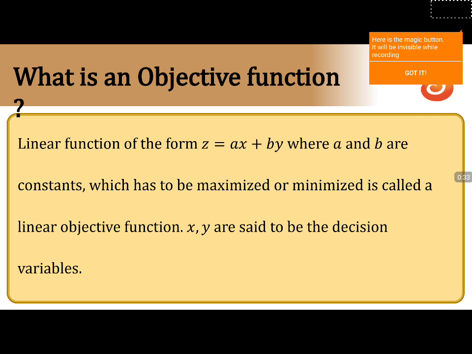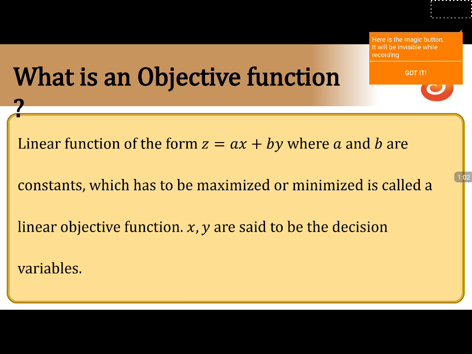Where a and b are the constants, the coefficients, and z has to be maximized or minimized. Before going to the concept of maximized or minimized, we should think a little bit about the linear programming problem. In the linear programming problem, there are some linear inequalities, and if we plot these linear inequalities in the graph, we will get some regions.